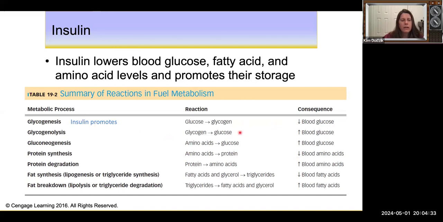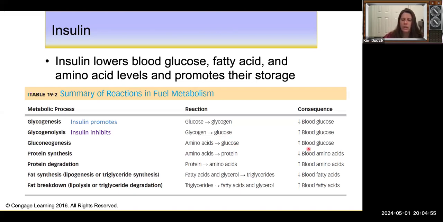Glycogenolysis, its job will increase blood glucose by converting glycogen back to glucose. So insulin is going to inhibit glycogenolysis. Gluconeogenesis is converting amino acids to glucose.